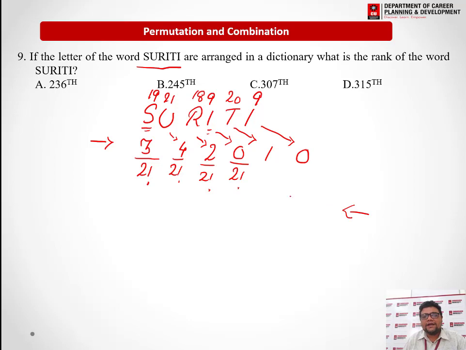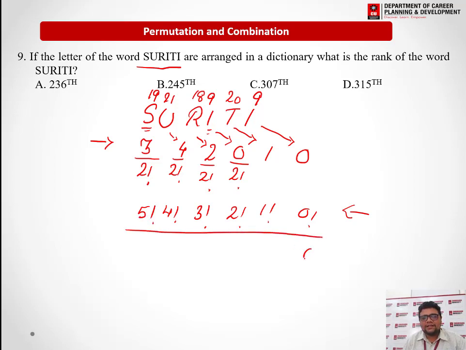Now again from right to left, write 0 factorial, 1 factorial, 2 factorial, 3 factorial, 4 factorial, and here it will be 5 factorial. Now multiply this: it will be 0 plus 1 plus again 0 plus 2 divided by 2 factorial, it will be 1.